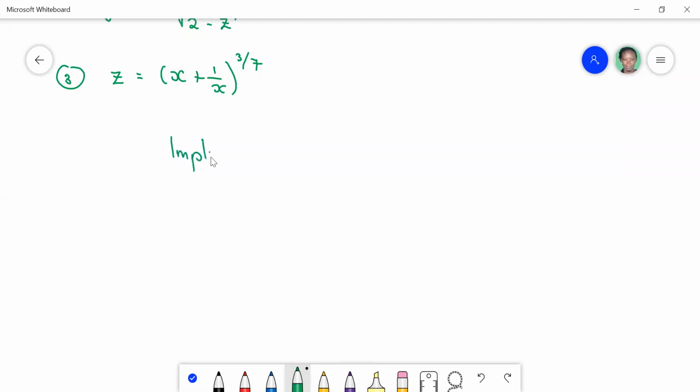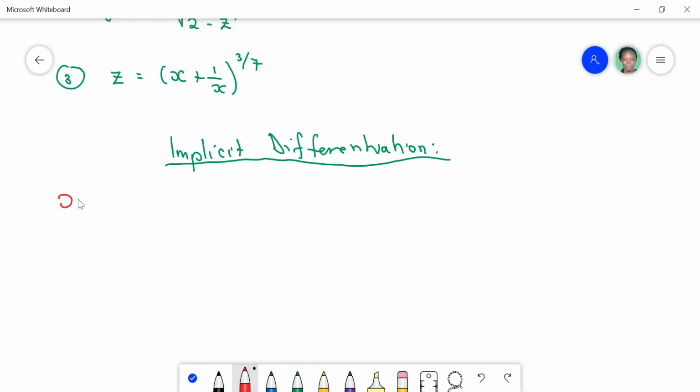An example is x squared plus y squared equal to 1. If we could tell, that was our explicit. But with this, is x a function of y or y a function of x? Then we have an implicit function.